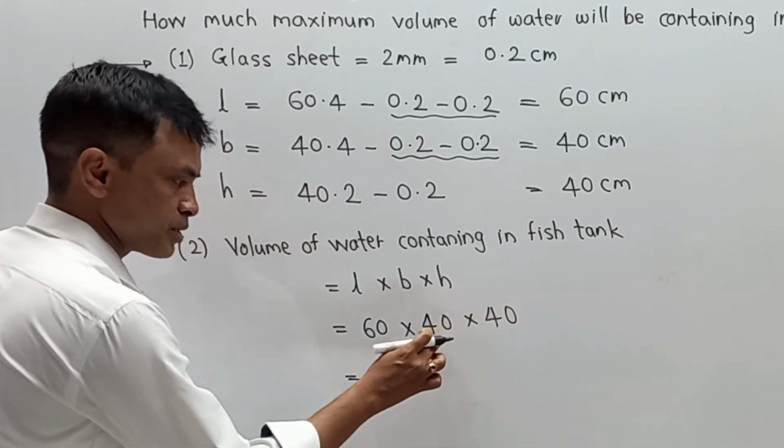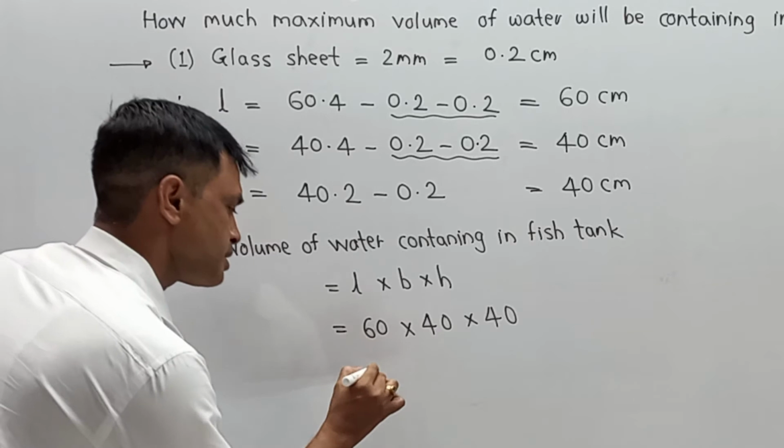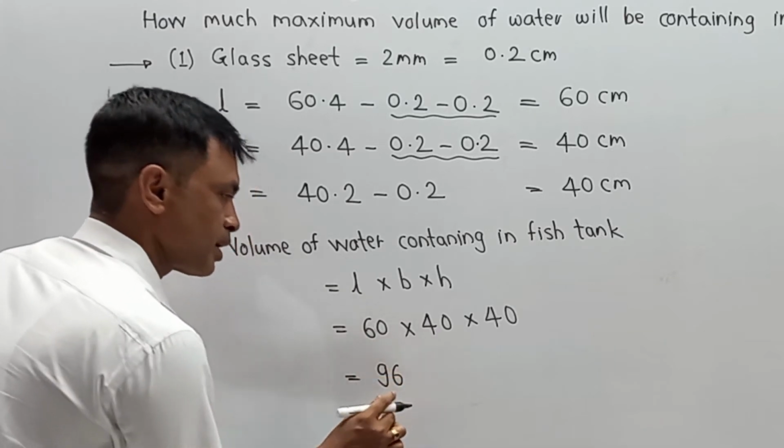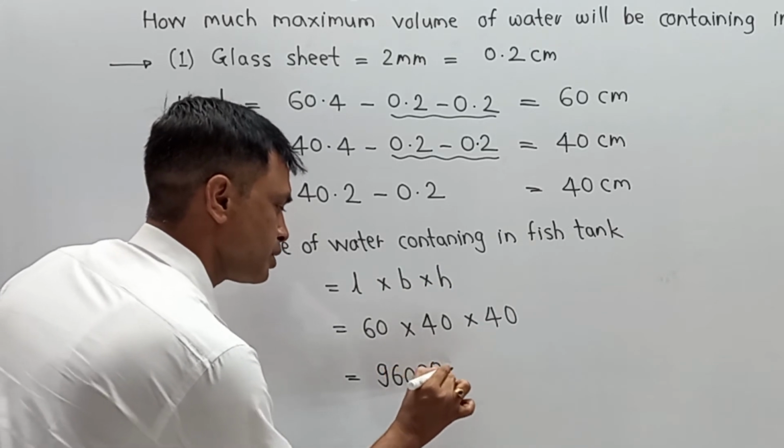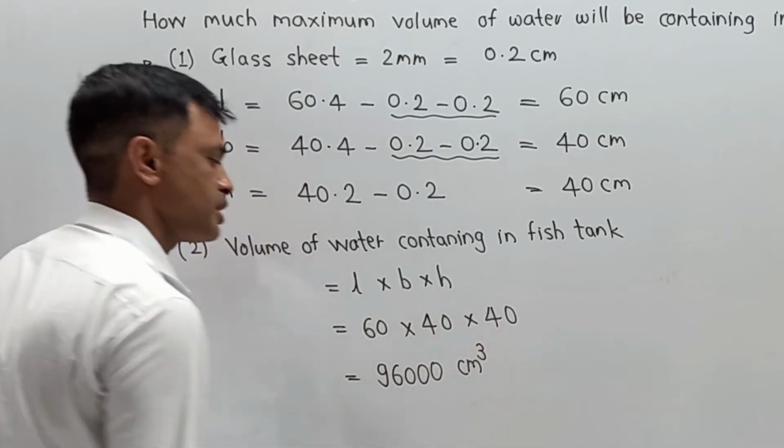4 4s are 16, 16 6s are 96, and 0 1 2 3. So first 0, second 0, third 0, and it is cubic centimeter.